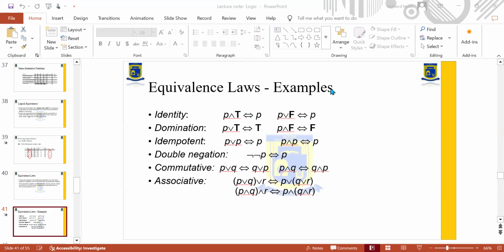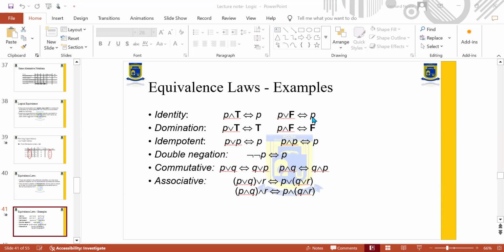Okay, so identity. Identity is telling us that the truth of a statement does not actually affect the conjunction.